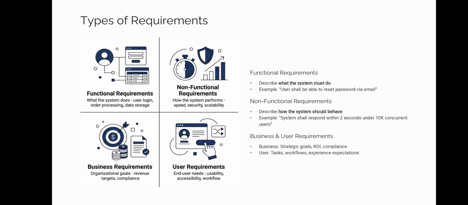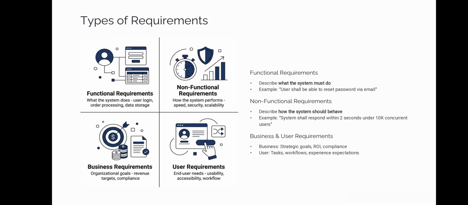We generally categorize requirements into two main pillars, functional and non-functional requirements. Functional requirements are the core features, the what. For example, in an online shopping system, a functional requirement is the user shall be able to add an item to the cart.